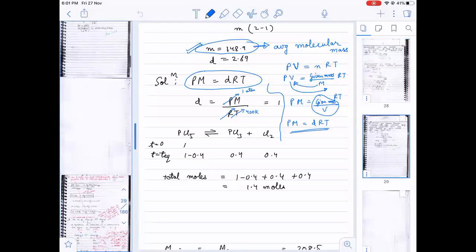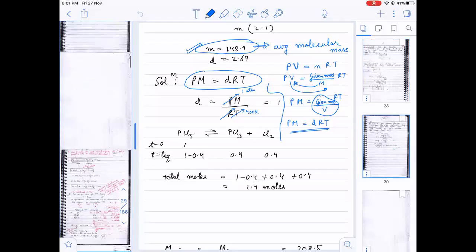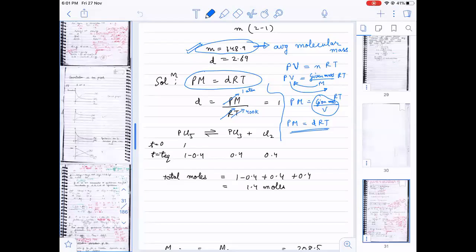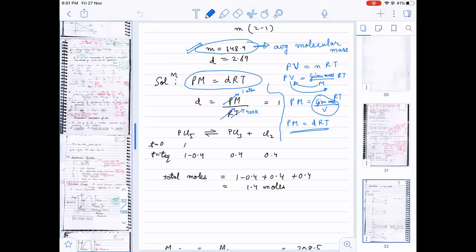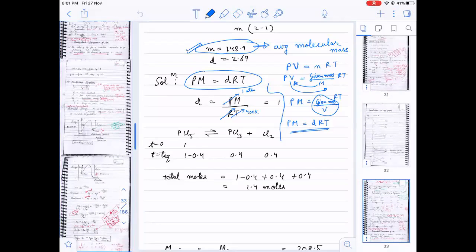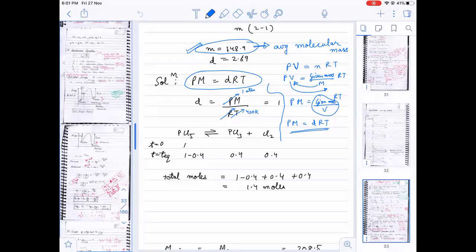What is the value of R you are going to take? 0.0821. So 0.082, yeah, it will do.